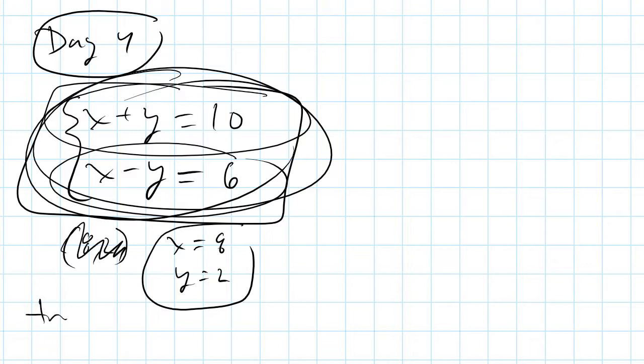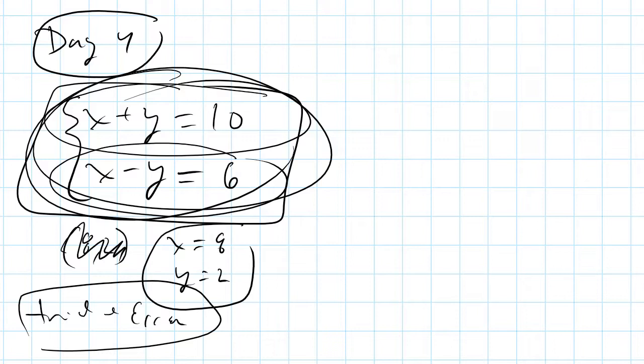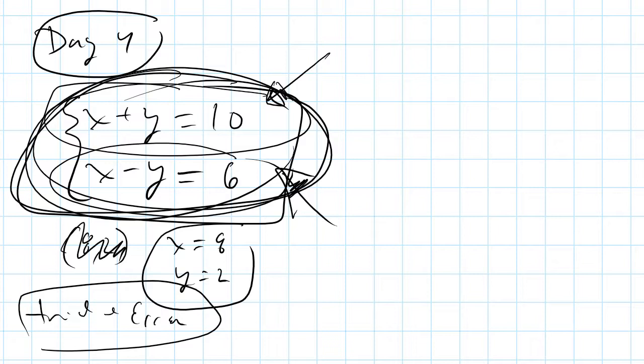With trial and error, you can make up questions just to have them get a feel for what the goal of a thing like this is: the idea that there's many ordered pairs that make either equation true, but there's only one ordered pair that makes both equations true simultaneously.